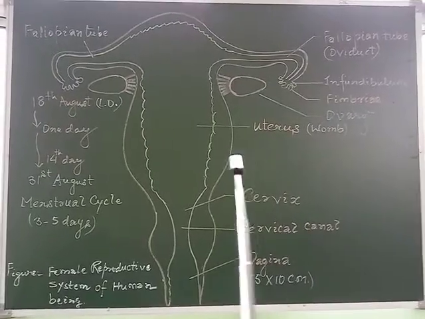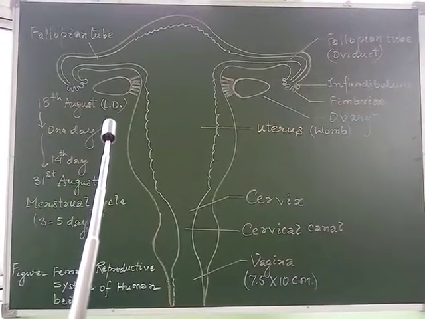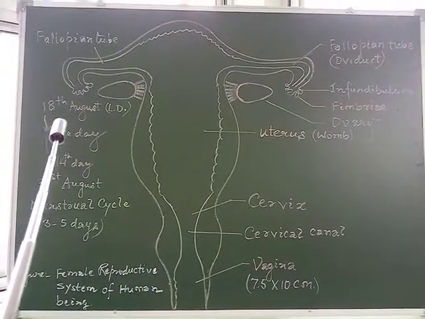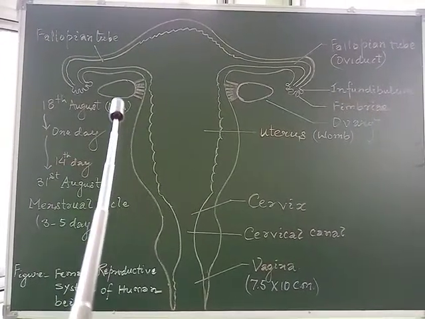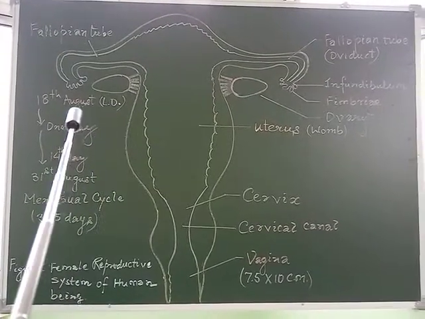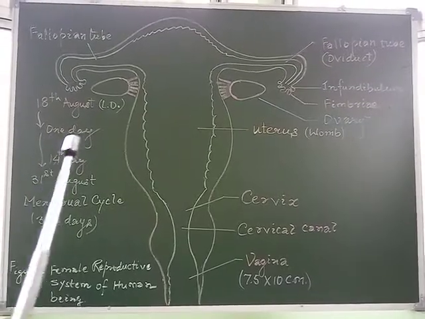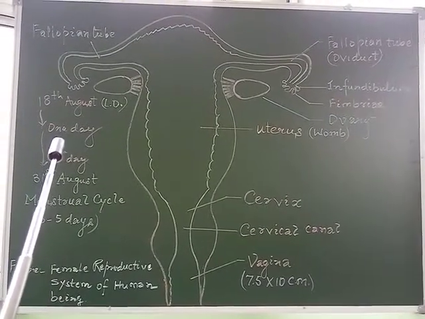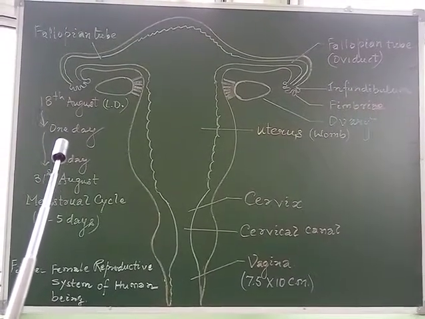So let us consider, for example, in a human female, suppose today is 18th of August, the ovary of the left side has ovulated. It has released a mature ovum, and it will wait for about 24 hours for the process of fertilization.